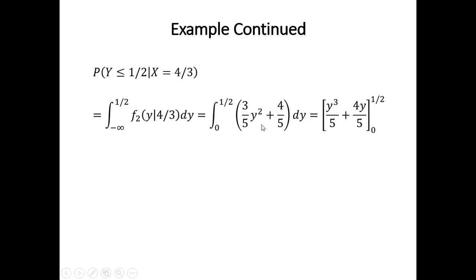This is the function that we have, the conditional of y given x equal to 4/3. Now we can work out this integral, a little tedious but not too bad. Basically, it's just the integral of a polynomial. When we're finished, we get 17/40, or 0.425.